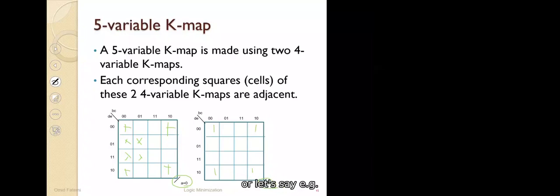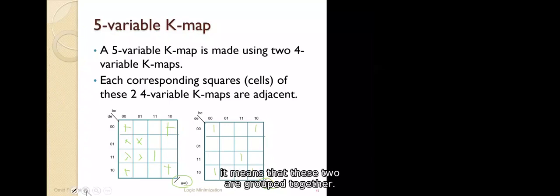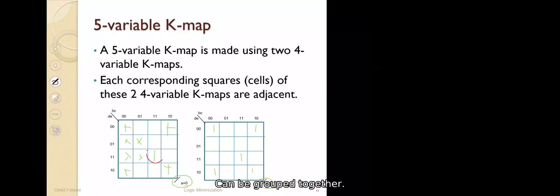Or let's say, for example, we have a 1 here, we have a 1 here. So if you put them on top of that, it means that these 2 can be grouped together, this one and this one. So you should consider these 2 on top of that, and each corresponding cell can group together.